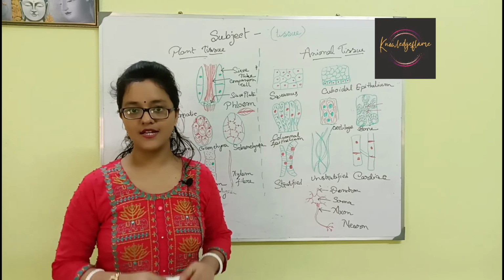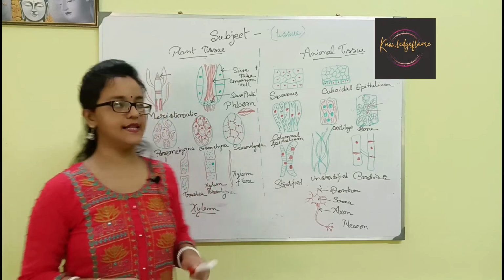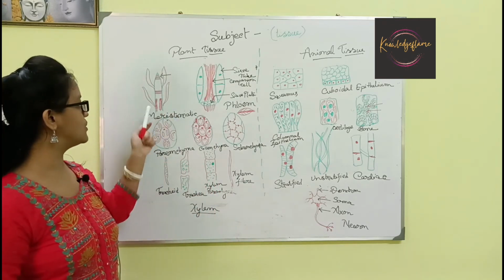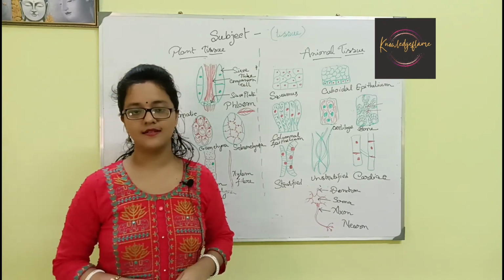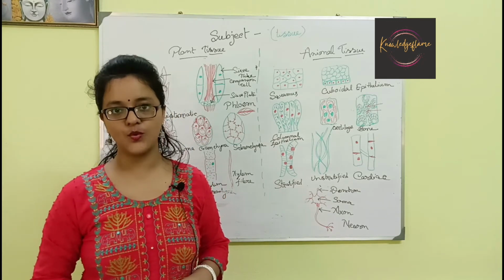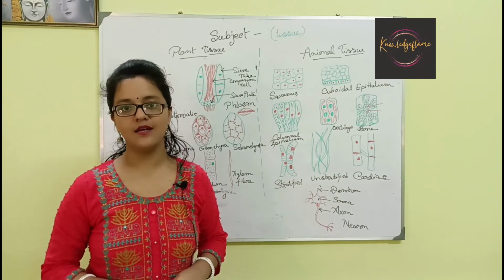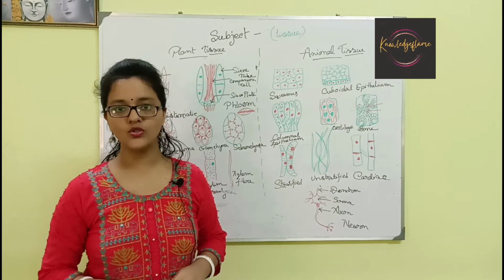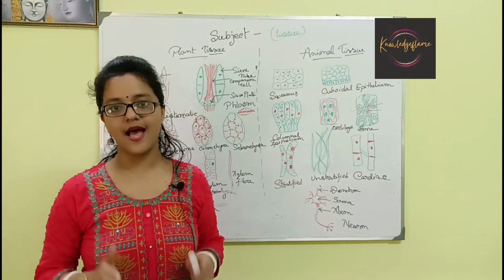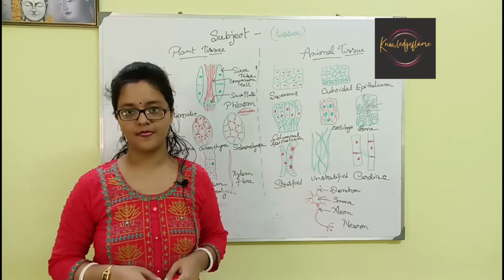There is lateral meristematic tissue at the lateral side of the root and stem of the plant. This is lateral meristematic tissue which helps in the growth of the lateral side of the root and stem. Okay?